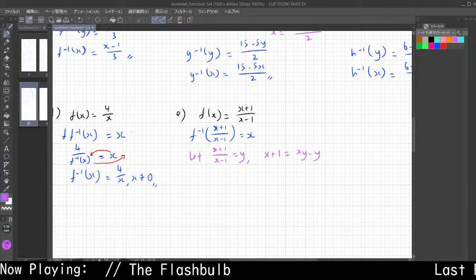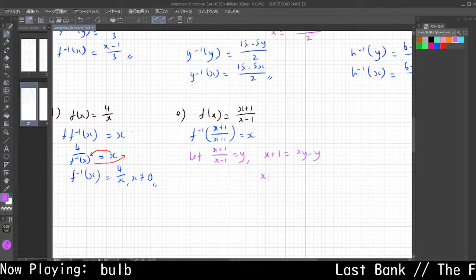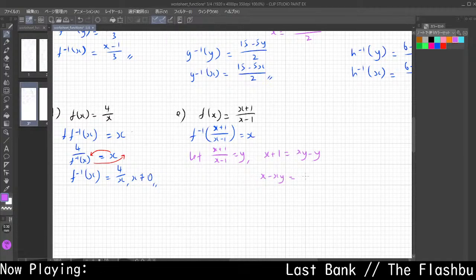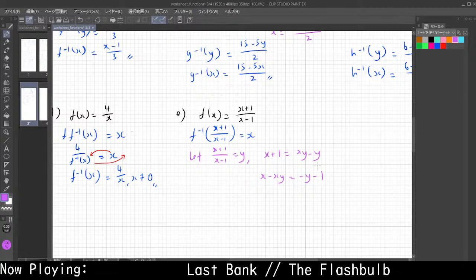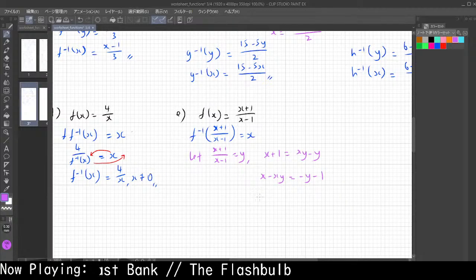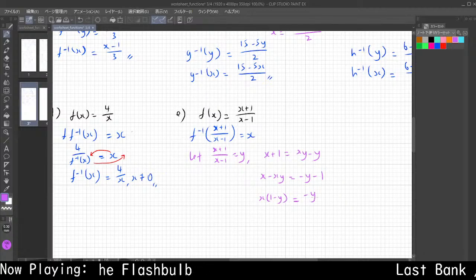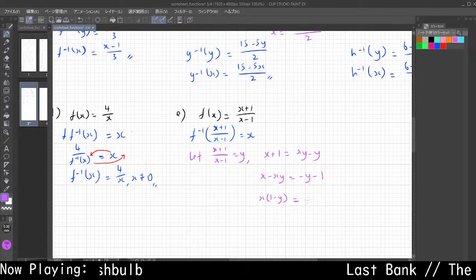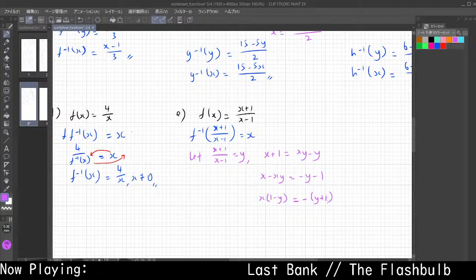xy minus y, and then you want to find x. So terms with x on one side, the left hand side, terms without x on the other side, the right hand side. x factorized out, we want to find x in terms of y. This one you can factorize the negative sign out, so you get negative bracket 1 minus y plus 1.